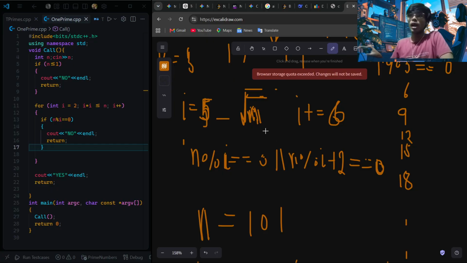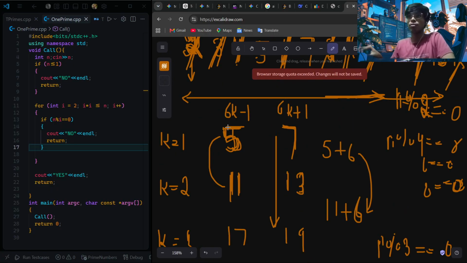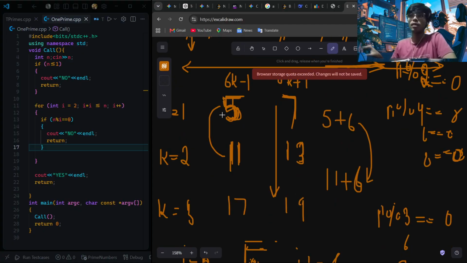Okay, and if we see carefully, first we are checking for 5. After that, next time, we are checking with 11 and 13. Next time, we are checking with 17 and 19. So how will we jump to 11 directly? Basically 5 plus 6 will be 11.